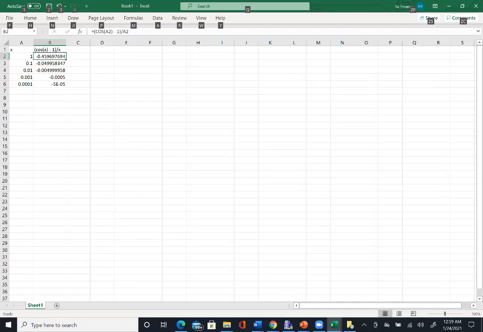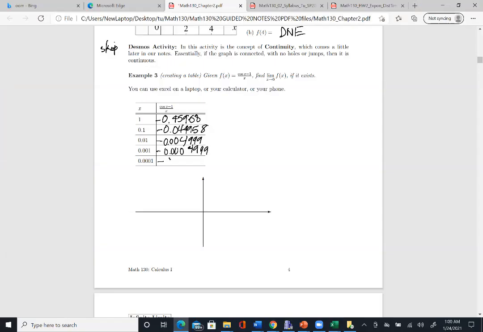Actually I can write it as 0.0000499. If you use a calculator, like a TI-83 or 84, it should be similar to that.